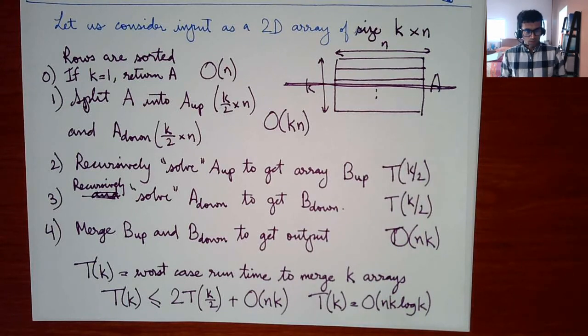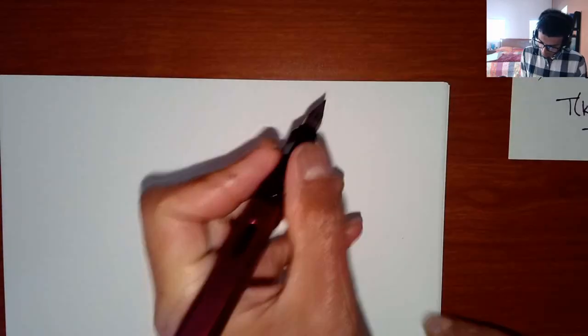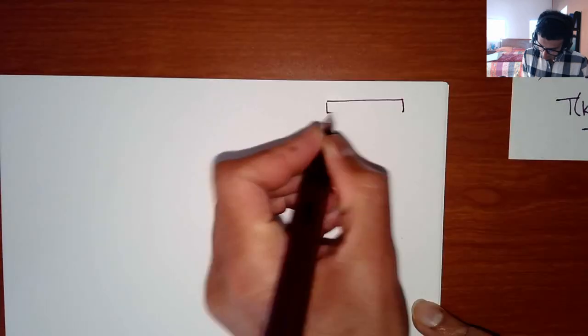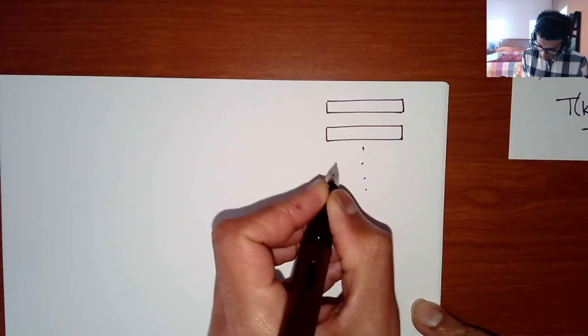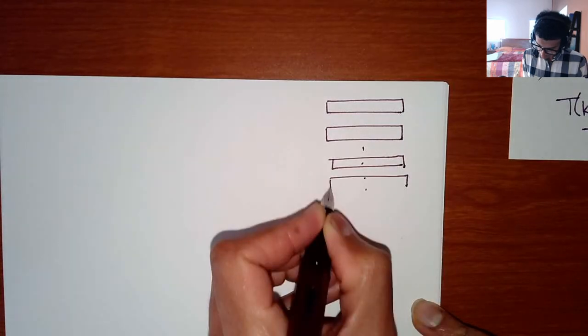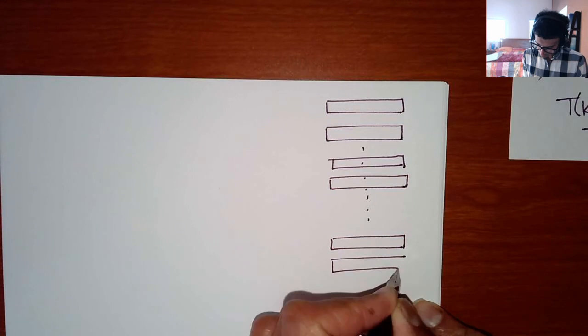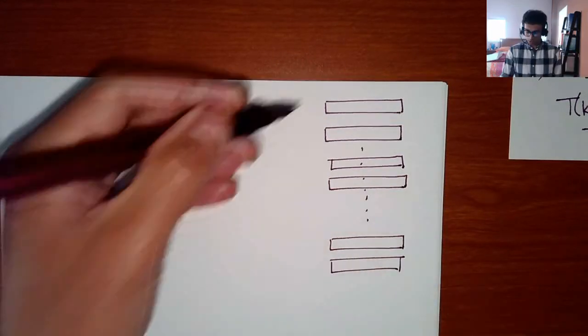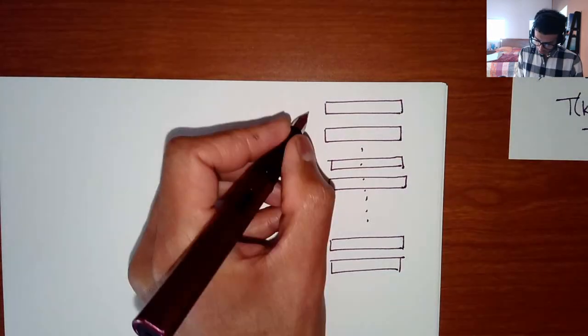Let me give you another picture to think about this, and that might help. One way to think about it is you have these k arrays. Instead of trying to merge in a loop, you first merge these two.